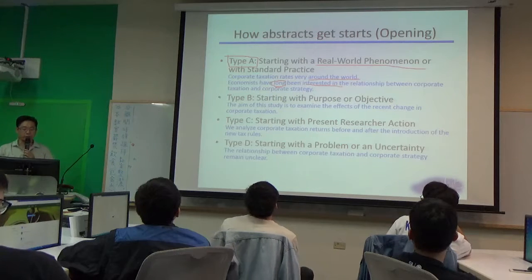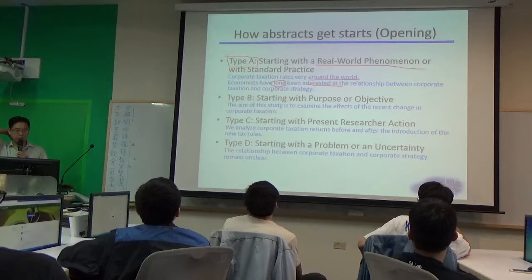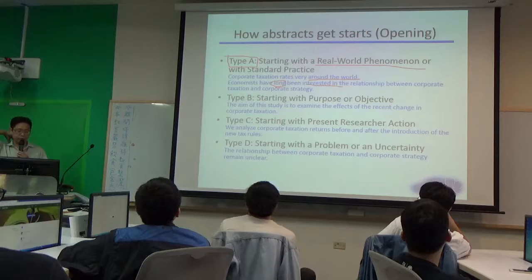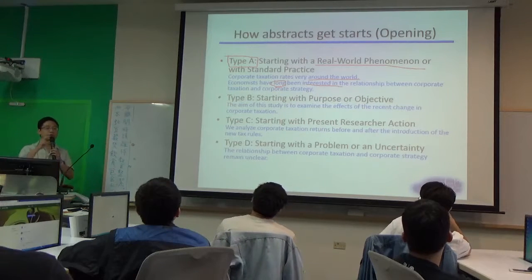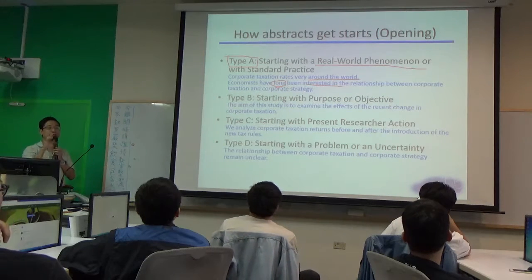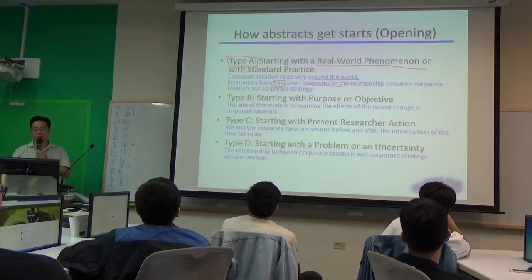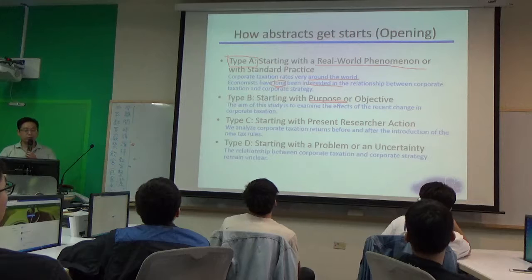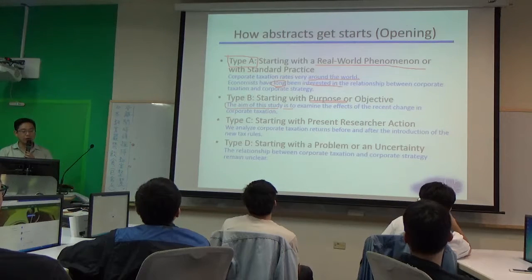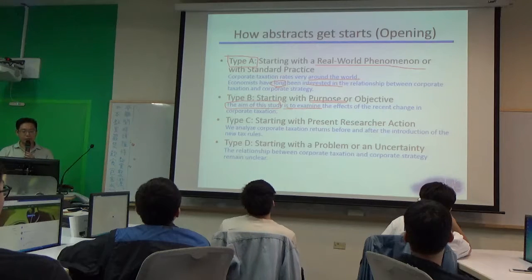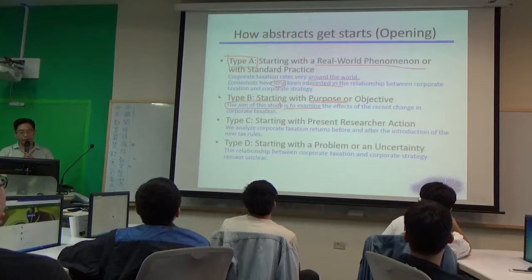So for type B, starting with a purpose or objective. This is very similar to starting from move 2. You have a purpose, what you are trying to do. The aim of this study is to, what we are doing here is to examine something.